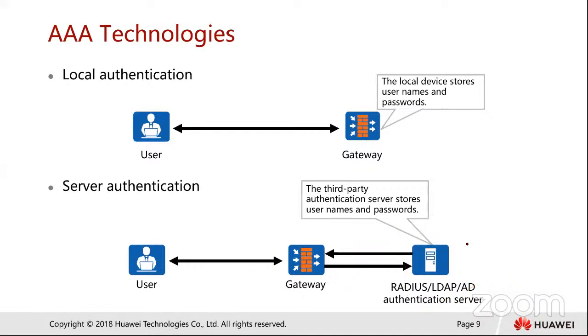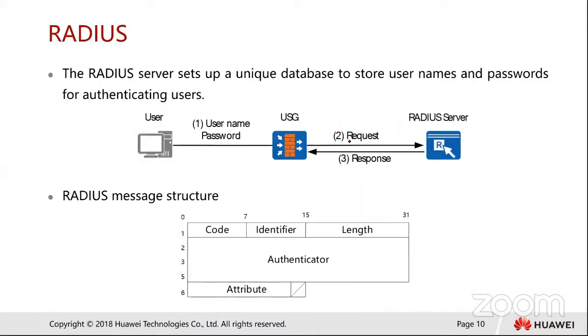So here you have a third-party server which is storing your user information, and you're going to use AAA to get authentication from the server. So those are the three ways.